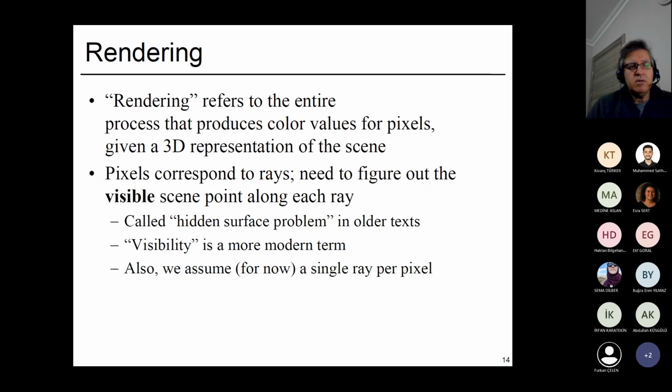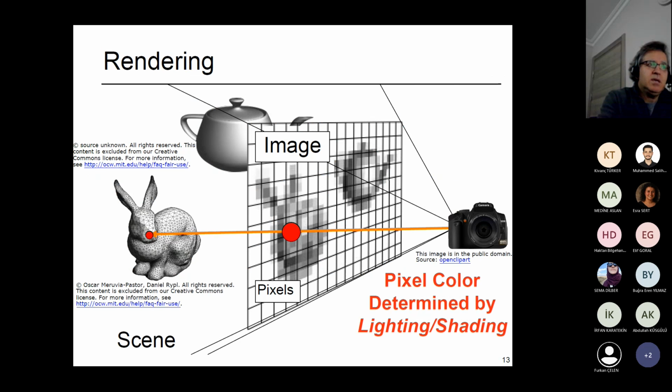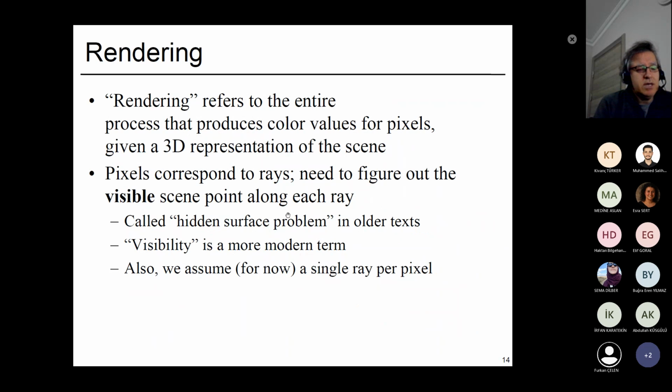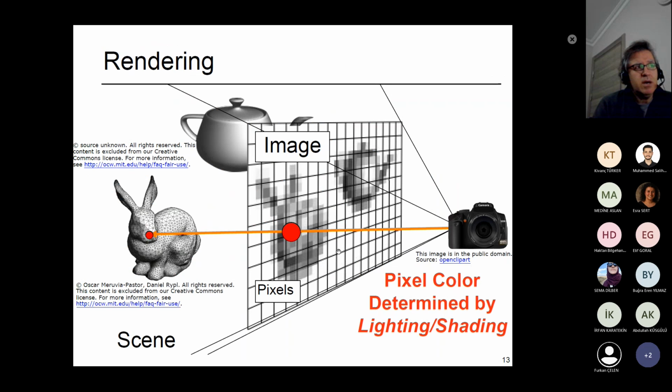Of course, there is the question of how many rays per pixel we have to use. We can use one ray per pixel, but if I have just the center of the pixel as my ray, your pixel may correspond to a large portion of the scene.